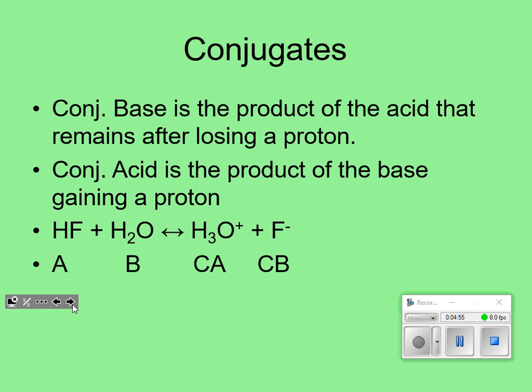So labeling acid versus base is part of what we want to do but really it's the HF and the F- that are pairs of one another. An acid and its conjugate base. Again, first bullet point, conjugate base is the product of the acid that remains after losing a proton. Conjugate acid is the product of the base after gaining a proton. This base gained a proton. That's why these two are conjugate pairs of one another.